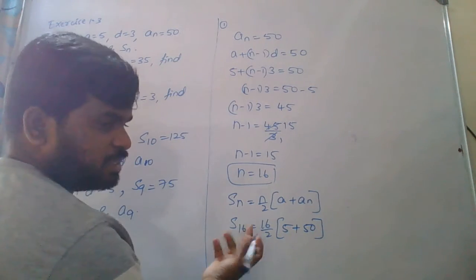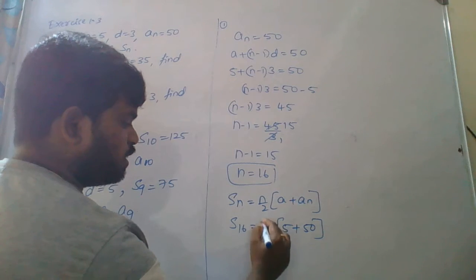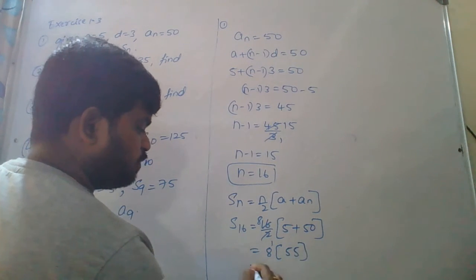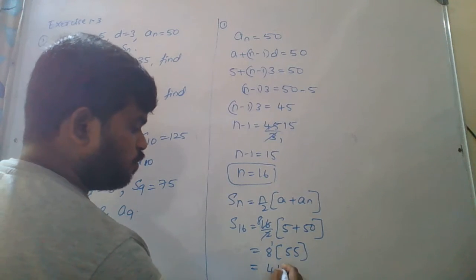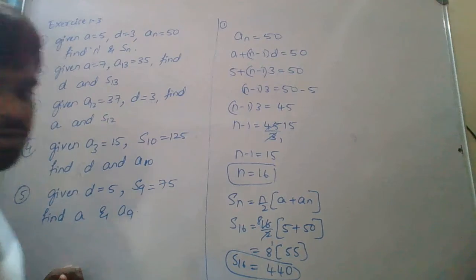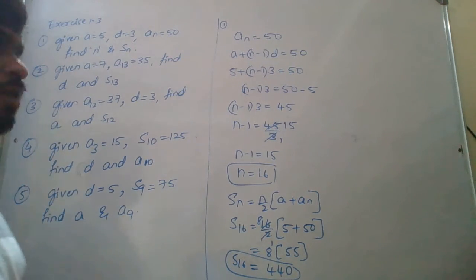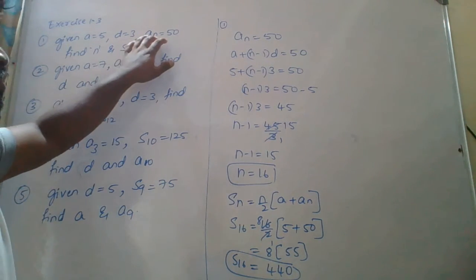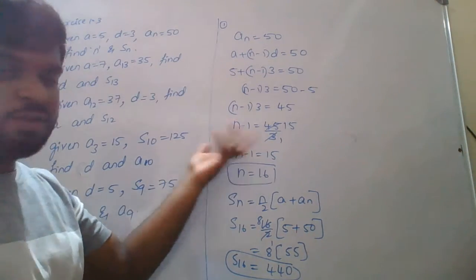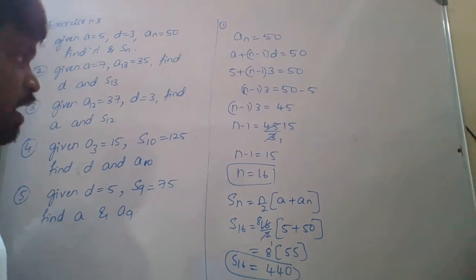You can keep it as Sn itself if you wish. 2 1s are 2, 2 8s are 16, 8 into 5 plus 50 is 55. So it becomes 440. So that's our Sn or S16. So we know the value of the nth term, so it's very easy to find the value of n. Once we found the value of n, we have found Sn.